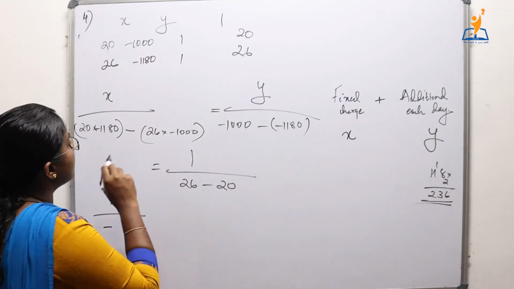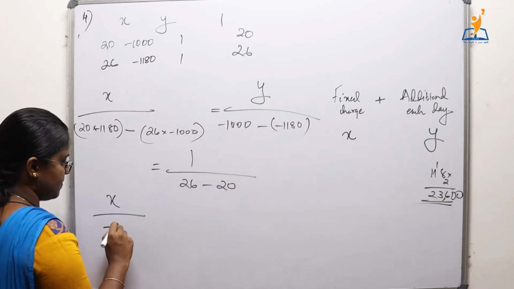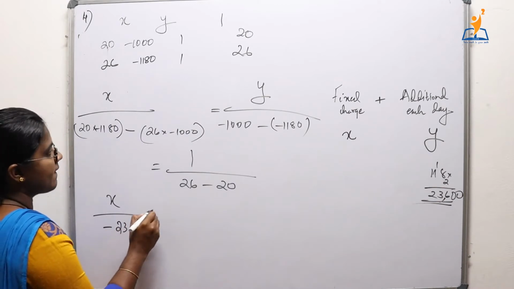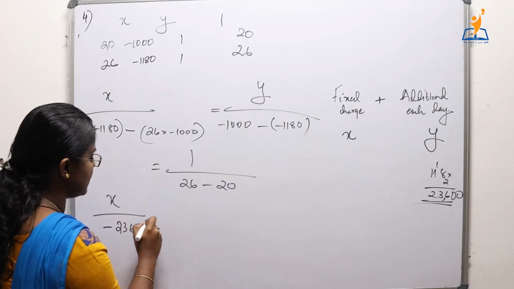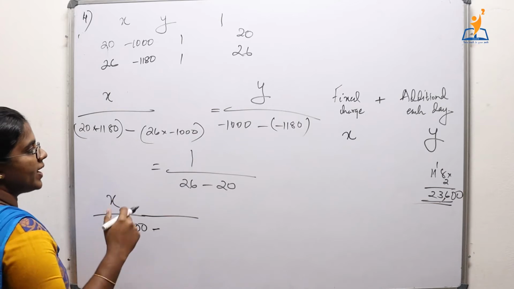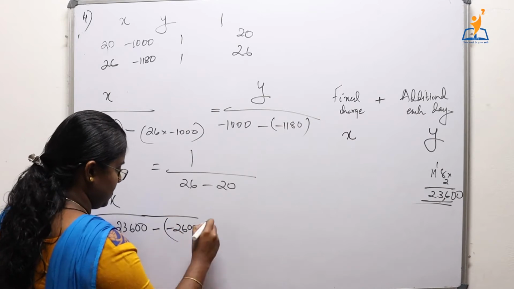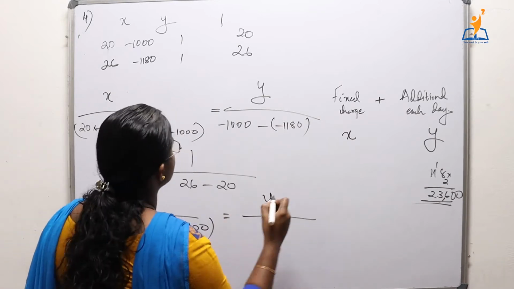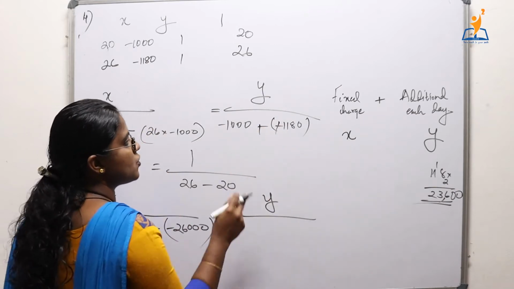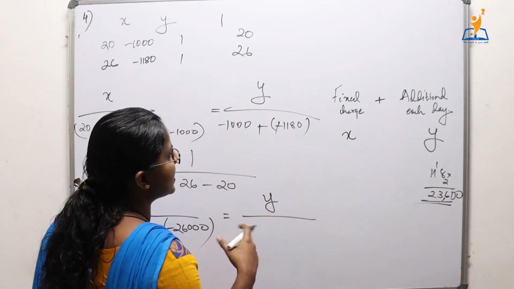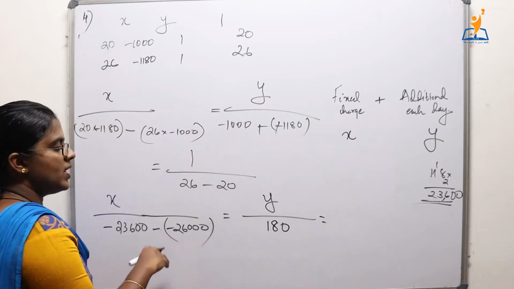So 23,600, which is equal to minus. Now 26 into minus 1000 is minus 26,000, which is equal to Y by, now we have minus 1000 plus, minus and minus gets into positive, so minus 1000 plus 1180 is simply 180, which is equal to 1 by 26 minus 20.